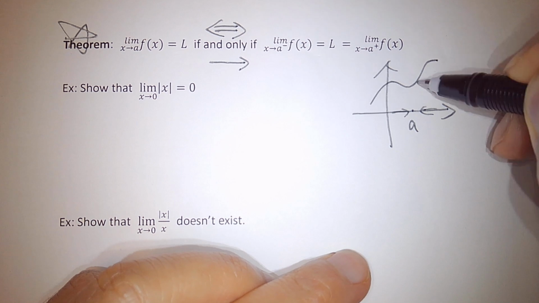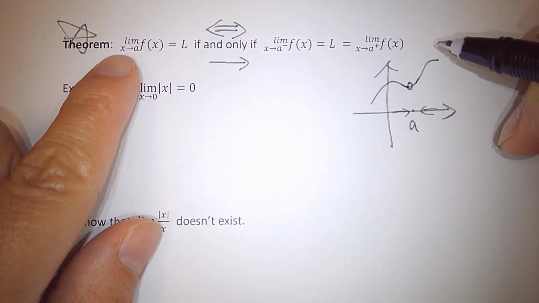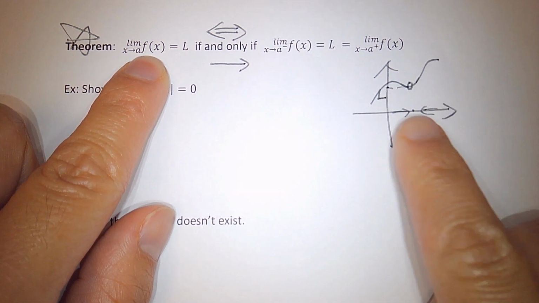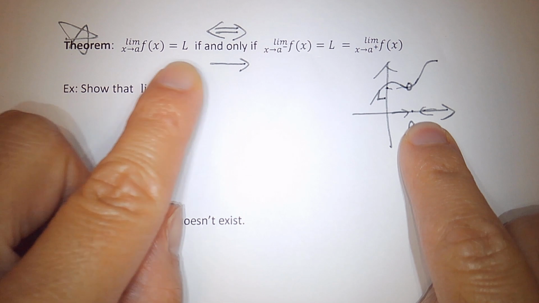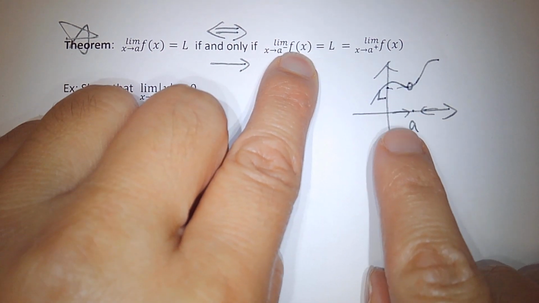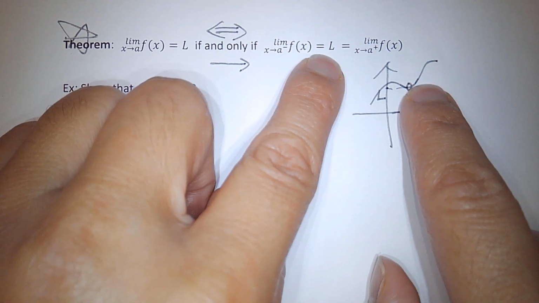The limit being L from both sides means the left-hand limit exists and equals L, and the right-hand limit also exists and equals L.